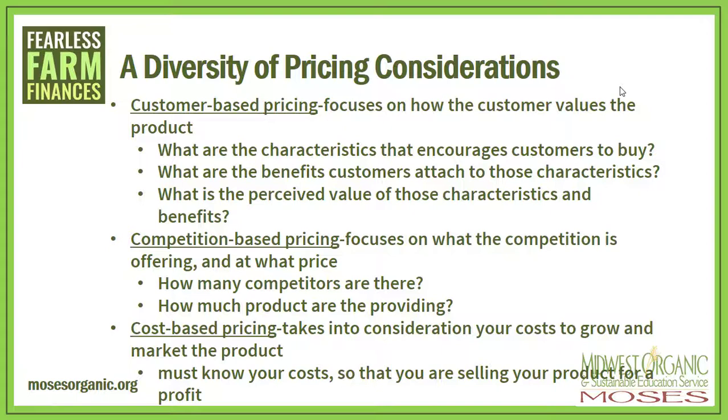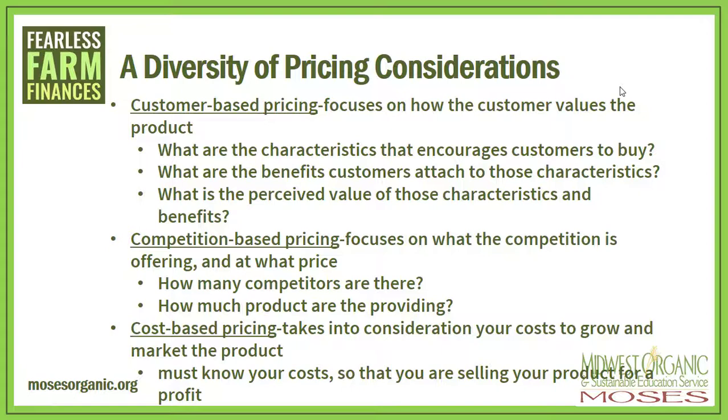The very last pricing consideration is cost-based pricing, and that takes into consideration your cost to grow and market the product. So cost must be determined to ensure that your product is being sold for a profit.